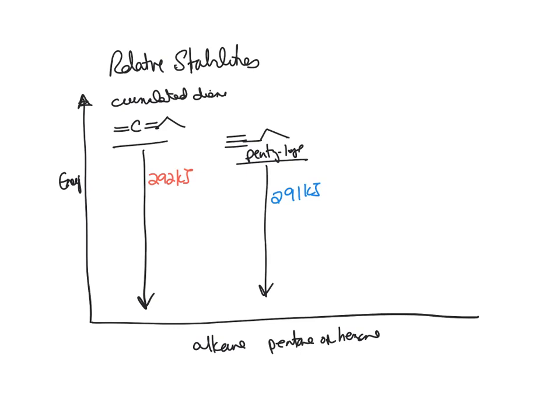And then you can go for an internal pentyne. But let's just go down here and look at the isolated, which is 252 kilojoules. And then you have the conjugated, which is 225 kilojoules.